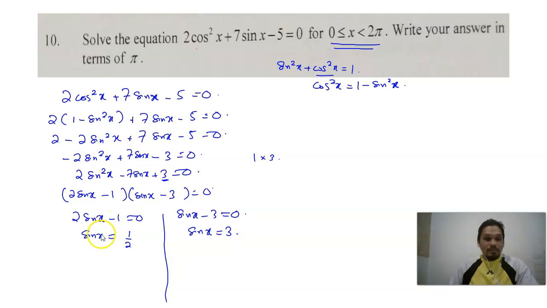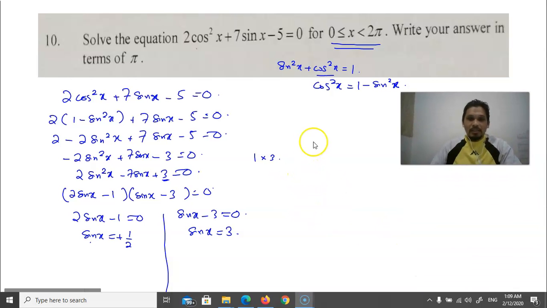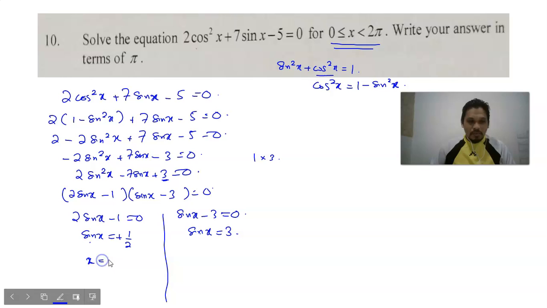So look at this one here now. Sine of any angle equal to positive, in both cases we are talking about the angle in the first and the second quadrant. But before that, let's find the basic angle. x equals arc sine of 1 over 2, which is 30 degrees.